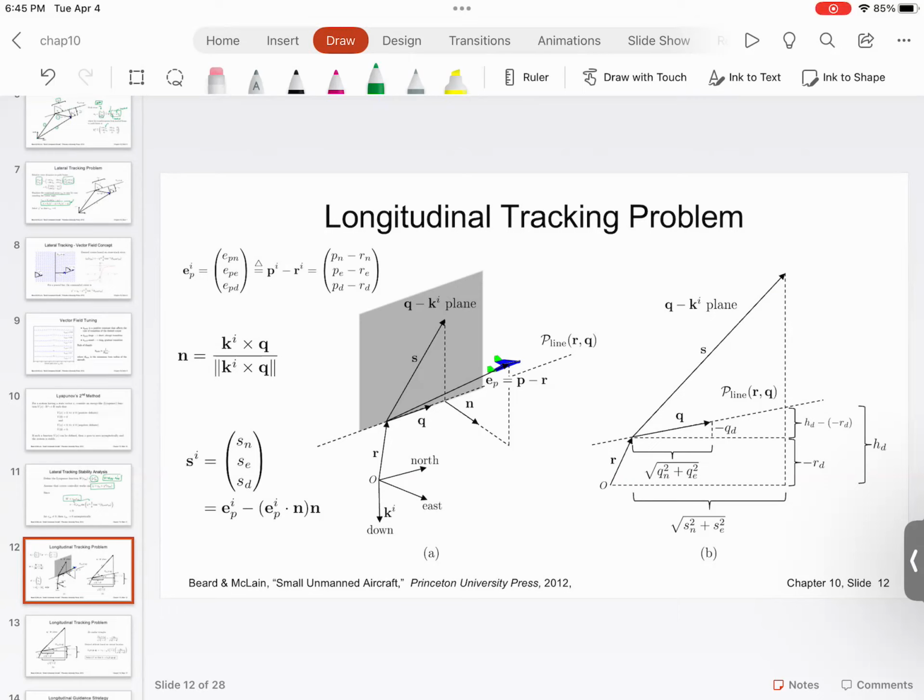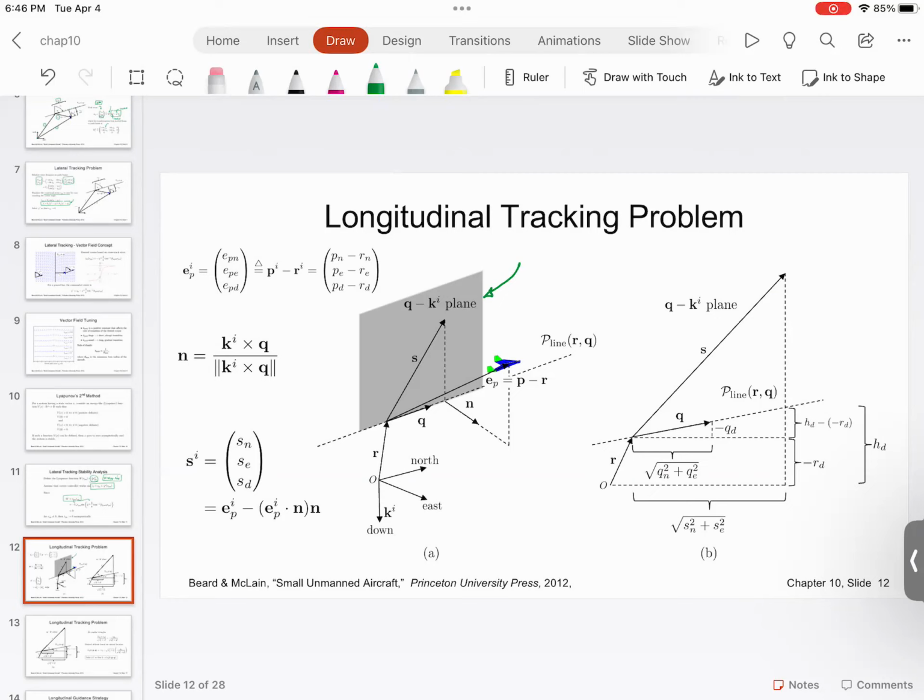The way we will do it is we have the UAV, and I'm going to look at the projection of this error into this plane, which is called the QKI plane.